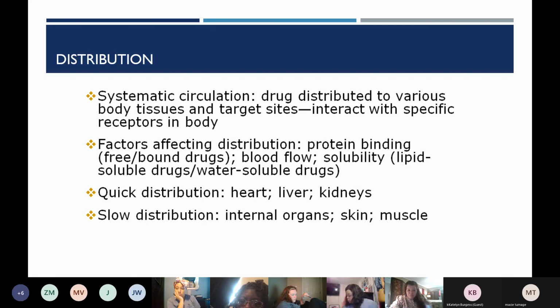So drugs are going to be sent from our gut or from wherever they were absorbed into systemic circulation. And they are going to go to the body tissues and target sites where they are needed. If y'all want to just highlight receptors, we will talk about receptors later. You will hear me say receptors repeatedly.